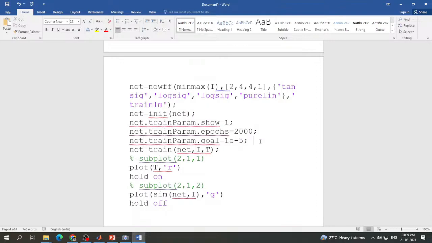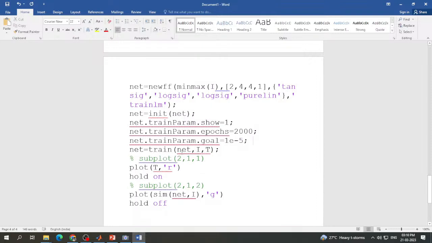My error should be less than that. So what happens when you specify the epochs and goal? ANN will stop when either one of them is reached. If it reaches 2000 first, then it will stop there. Or if it reaches the error 10 power minus 5 first, then it will stop there. It won't go beyond that. Next you have to train. So for training the ANN, what are the things you are going to use?